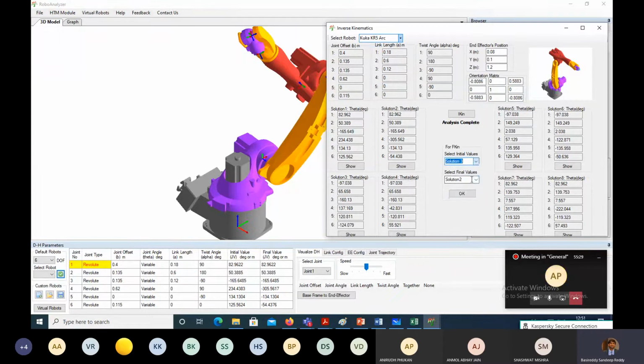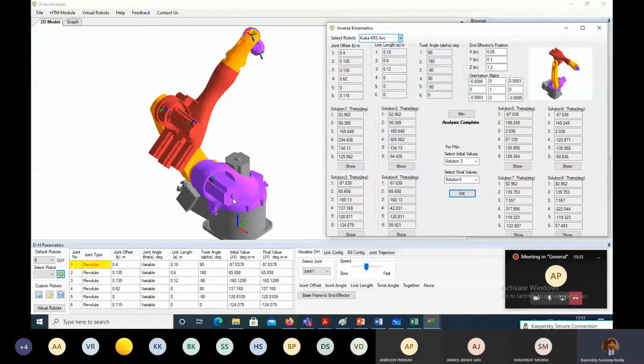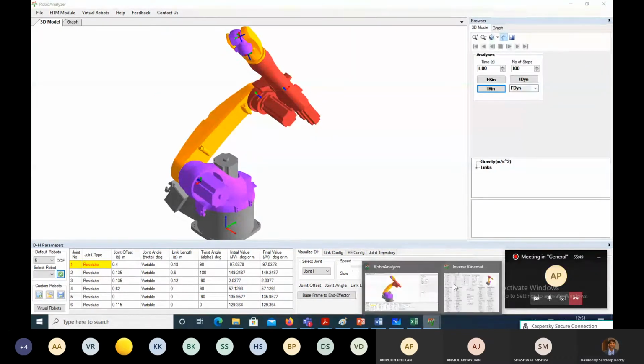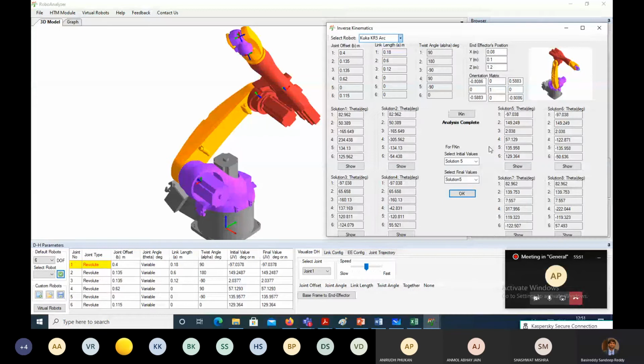Then finally solution 3, again this shape changed. Are you able to see it? Solution 4, the shape again changed. Solution 5. Did you see that? Just try this right now on your screen.